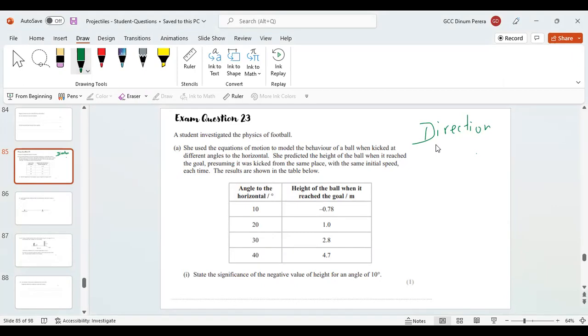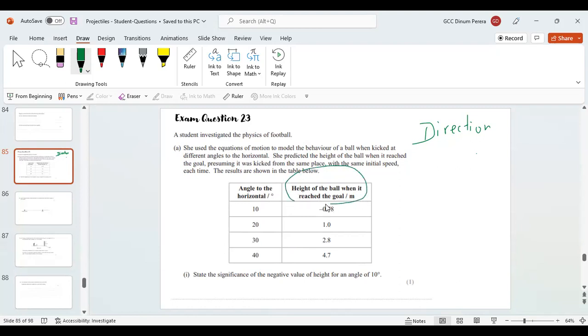So if you do not indicate the direction, what happens is, when you substitute your values, the sign will not be accurate. So your final answer will be affected by the wrong substitution. That's a mistake.